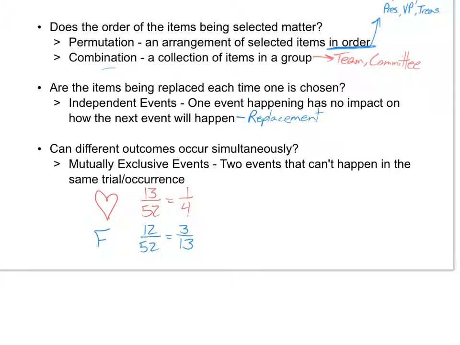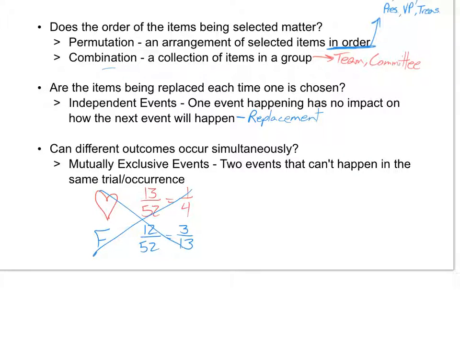They could occur on the same draw. Well, these would not be mutually exclusive, because they can happen at the same time.